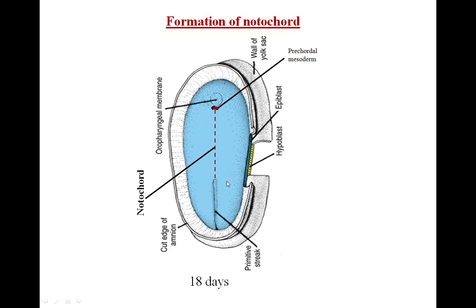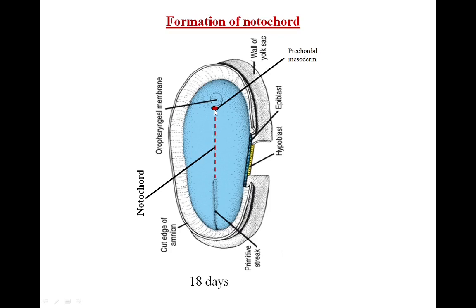Now, the cells which pass through the primitive streak will pass cranially, or headwards, towards the oropharyngeal membrane, or the buccopharyngeal membrane, and form the notochord. That notochord is mesoderm, and it will form a part of the vertebral column.